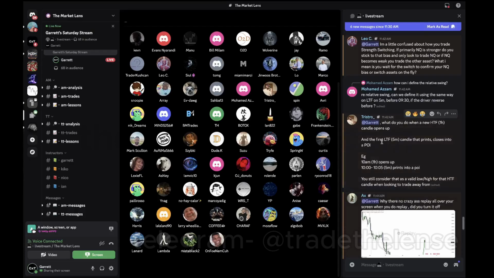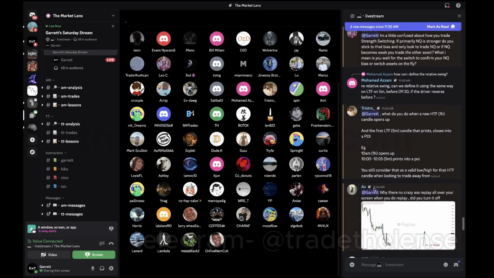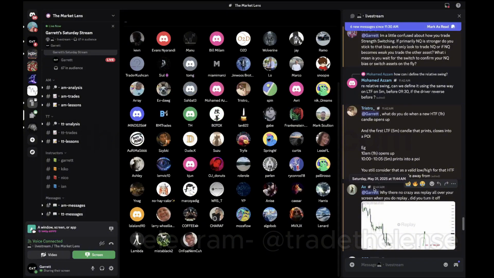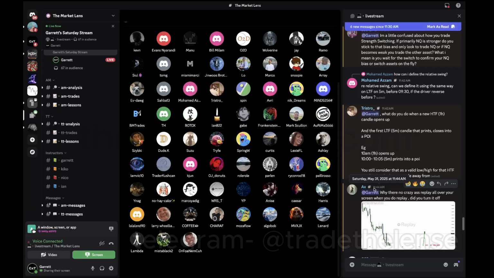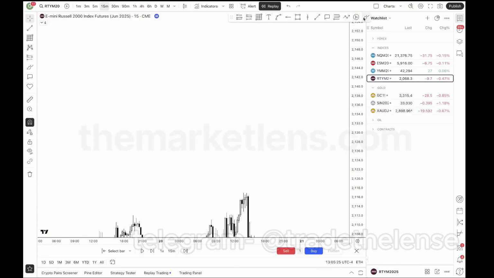I don't understand this question, I think. What do you do when a higher time frame 1 hour candle opens up, and the first lower time frame 5-minute candle prints and closes into a POI? Wouldn't that be good? Like, here's the open, the first 5 minutes trade into a POI?